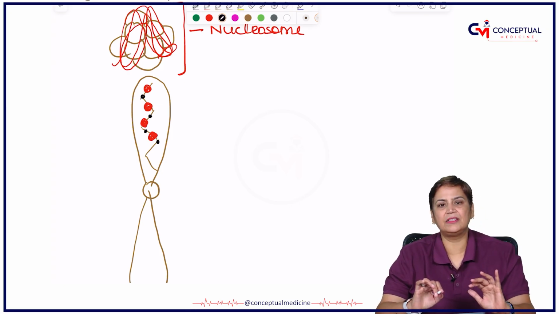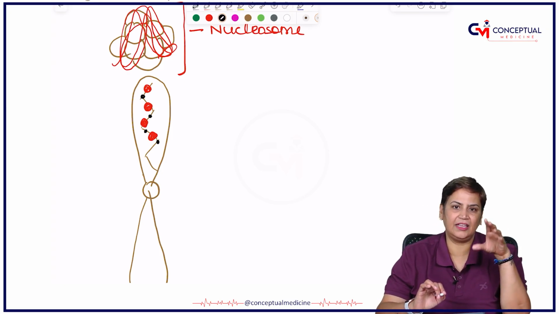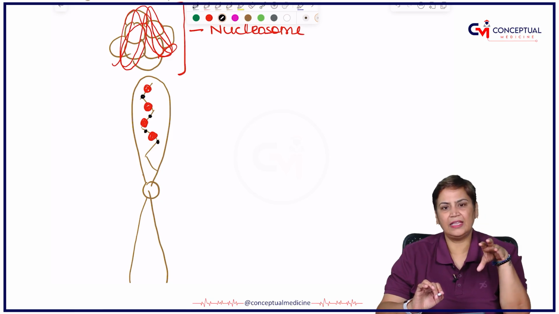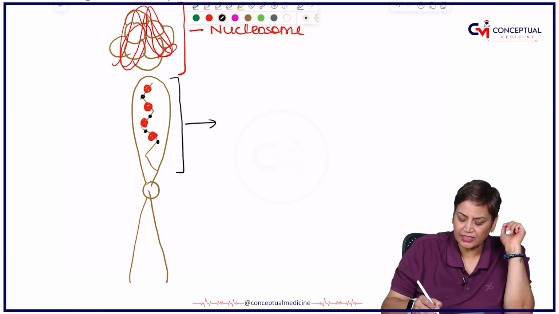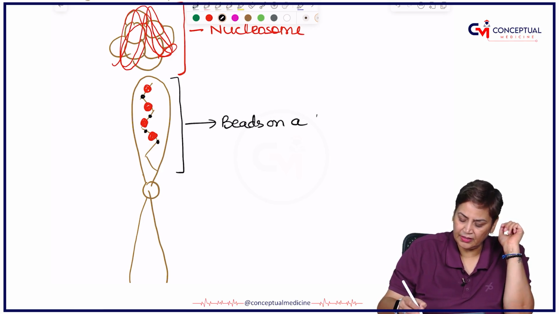Now this resembles beads on a necklace. So that is why this is known as a beads on a string appearance.